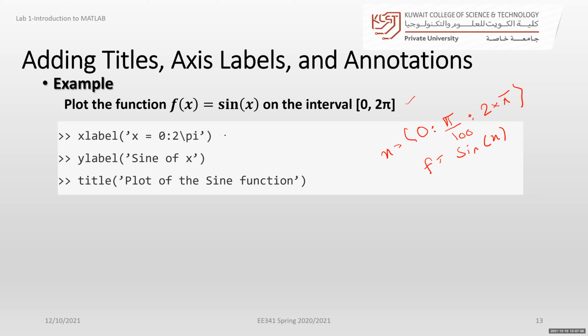First we will define the xlabel, which will be x from 0 to 2 pi, and then ylabel will be sine of x. Then we plot, and the title will come here.